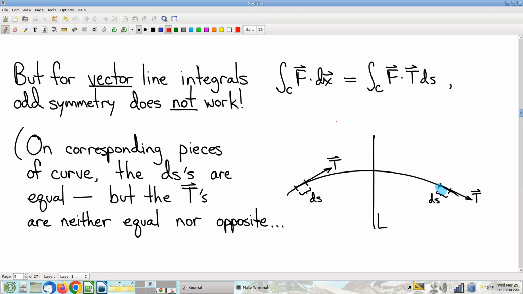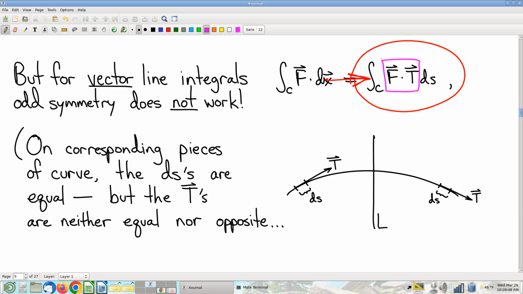Okay. Now what you can do, and this is fine, is if you find yourself looking at a vector line integral, you could rewrite it as a scalar line integral, compute this integrand, F dot T, right?